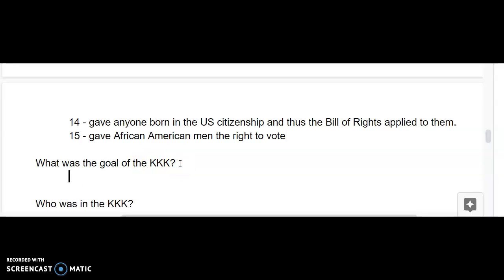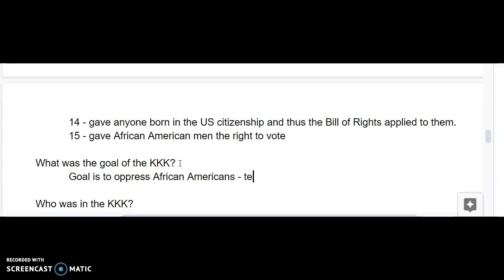Now, what's going to happen is Reconstruction is considered a failure because we start to see hate groups pop up in the South. So not only are there laws like black codes and Jim Crow laws that restrict African Americans, we'll actually see groups like the Ku Klux Klan really emerge and begin coming up with a lot of violence, and their whole goal is to oppress African Americans.